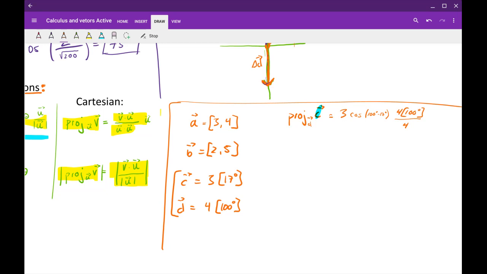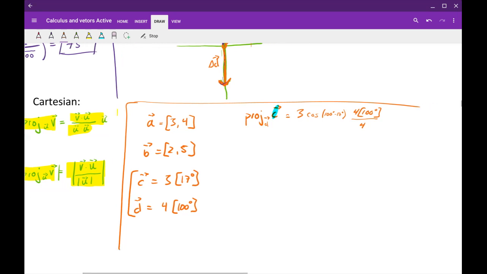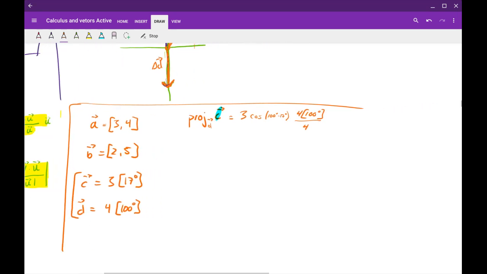So, in the end, the projection of C onto D is 3 cosine of 100 minus 17. I don't know why I chose 17, because now I've got a funny angle of 87 here. So I need the cosine of 87.